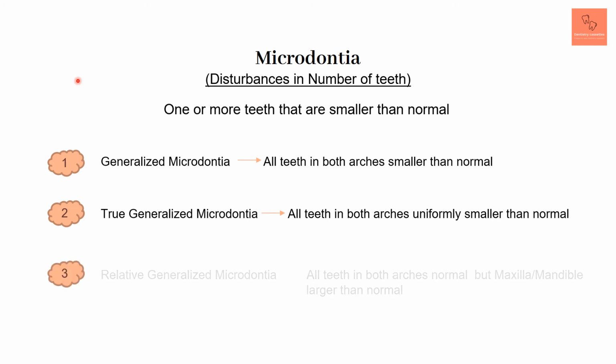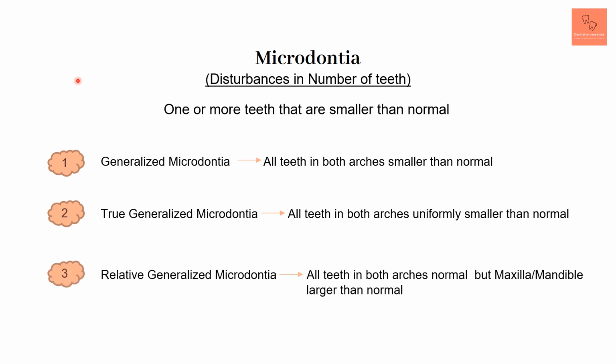The last one is relative generalized microdontia, in which either maxilla or the mandible is larger in size, which gives a false appearance of small teeth. An important point to notice here is that generalized form of this disease is not so common compared to the individual types. So in case of individual tooth, maxillary lateral incisors are most commonly involved.